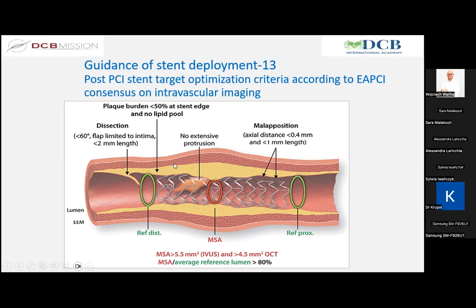Second, dissection requires that it is less than 60 degrees, limited to intima, not extending to the media, and less than 2 millimeters in length. Also, the distal and proximal references with plaque burden less than 50%, and malposition axial distance less than 0.4 millimeter and less than 1 millimeter in length.